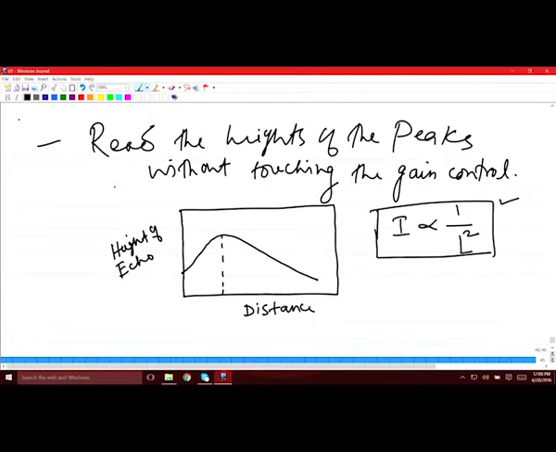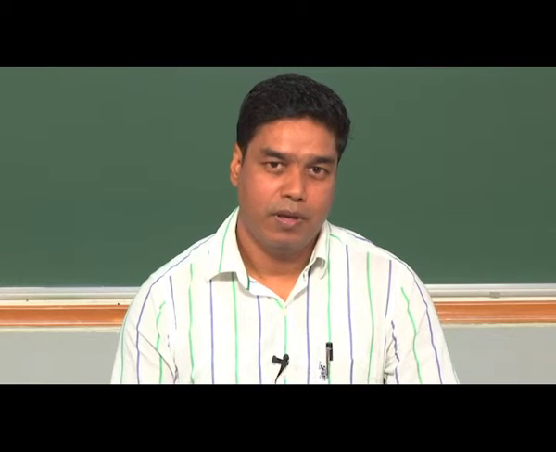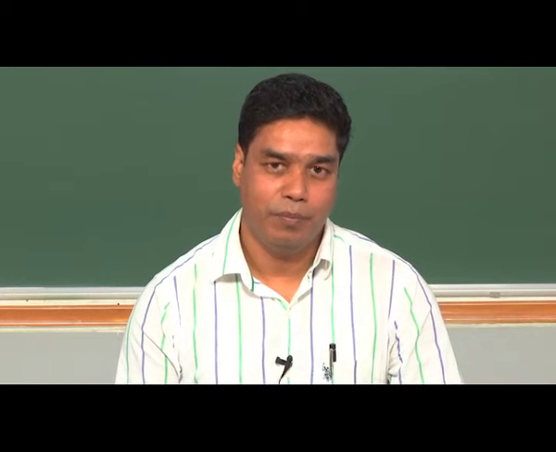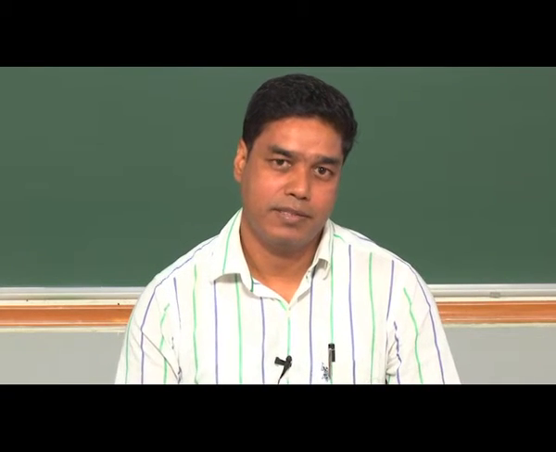So, that means along this line you have two different regions which are behaving differently with respect to the intensity as a function of distance. Okay. So, can you guess what these two regions could be from what we have discussed so far, particularly in the nature of the beam which is used to do ultrasonic testing?